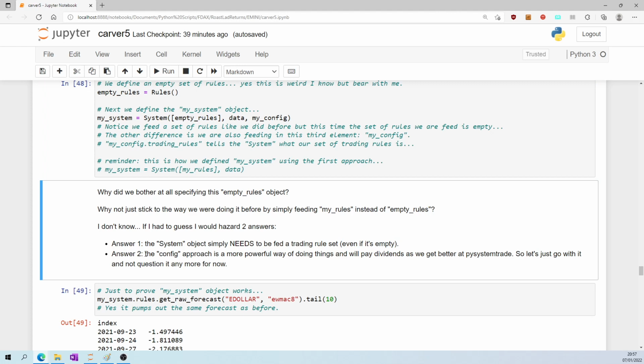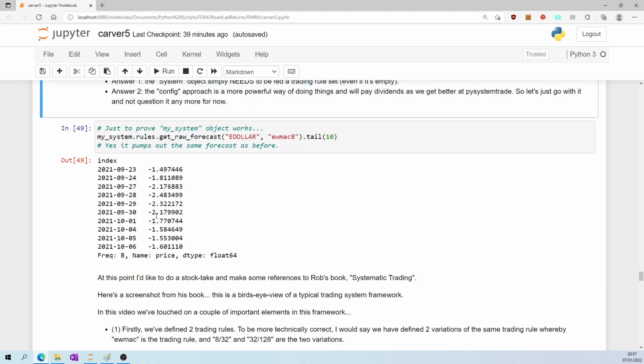And my second answer would be the config approach is a more powerful way of defining a system, and will pay dividends as we get better at PySystemTrade. That's my guess, but let's get on with it without questioning this anymore for now.